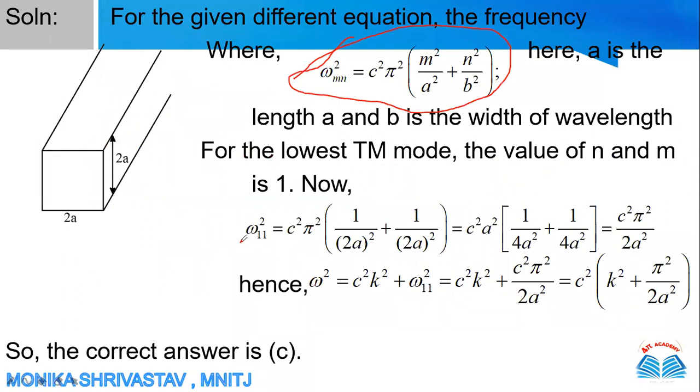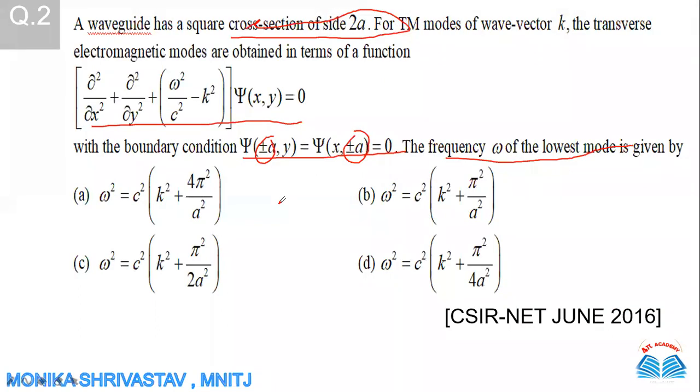So for omega 11, where the values of M and N are 1, 1, we will get this value, and we will solve this, and we can easily get omega 11 equals c square pi square upon 2a square. What is this omega 11? This is our desired propagation mode. And what are they asking?